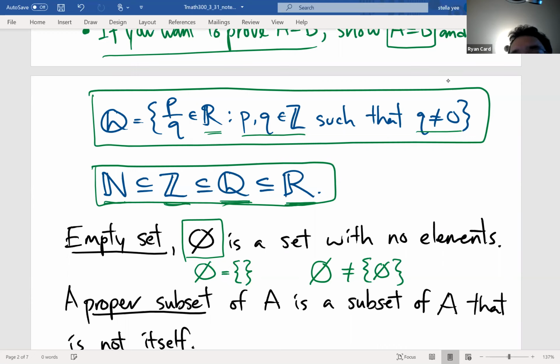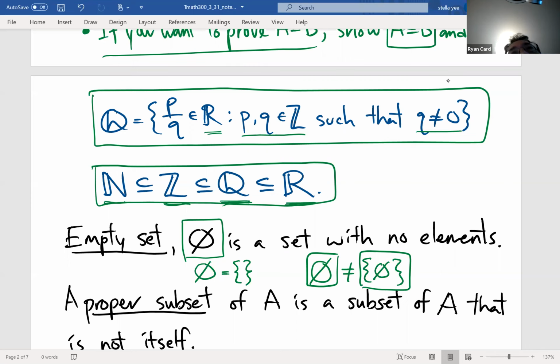You could have a set with an empty set inside of it. So that set on the right-hand side is not empty. It has one element, and that element is the empty set, right? So that's different from the empty set itself. I hope that makes sense.